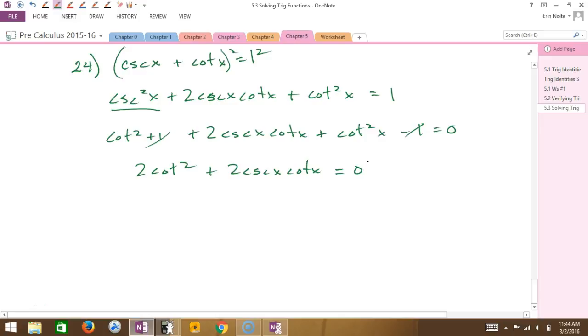So now I can pull a greatest common factor. What's my greatest common factor? Yeah, 2 cotangent. I'm going to pull a 2. So now I would have cotangent plus cosecant.